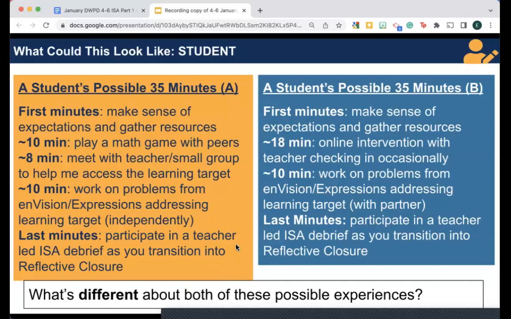How are they different? Well, this student got to do an online intervention today, but this one didn't. That's totally fine. Not everybody needs to do that every day. This student got to meet with a small group and this one didn't. Again, totally fine. It's impossible to meet with every student every day. So there's some differentiation happening based on what students need.